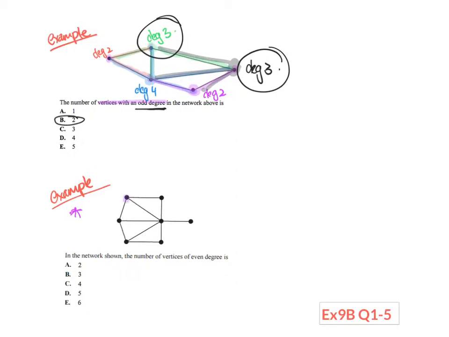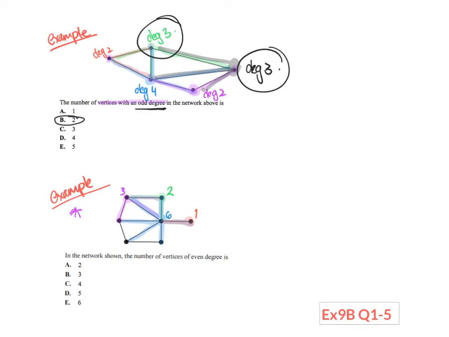This vertex has 1, 2, 3, so a degree of 3. This one here has 1, 2. The one in the center has 1, 2, 3, 4, 5, 6. So it has 6. Over here, this one had 1.